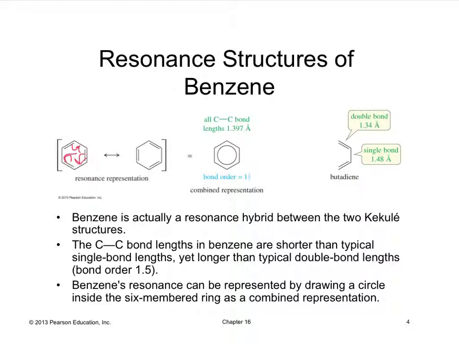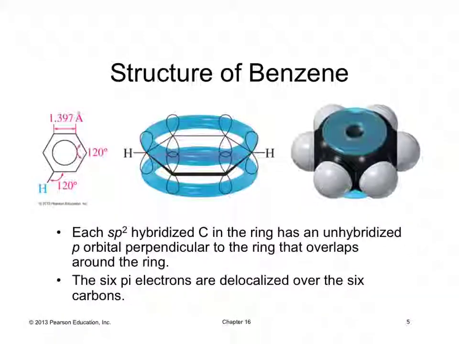Furthermore, it has a bond order of 1.5, which is in between the single and double bond, and you can represent this resonance as the cyclic structure with a circle in the middle indicating that 1.5 bond order.